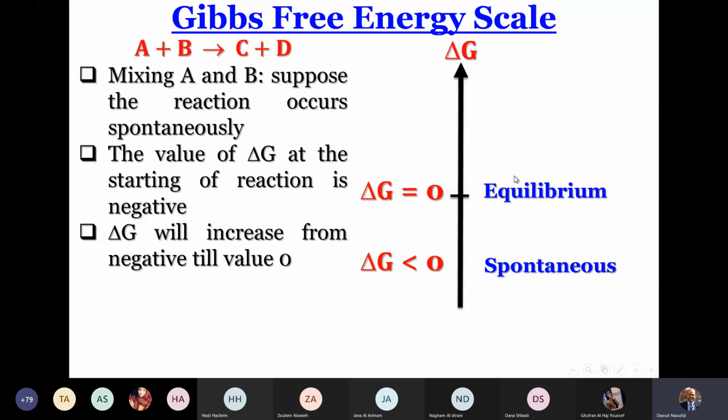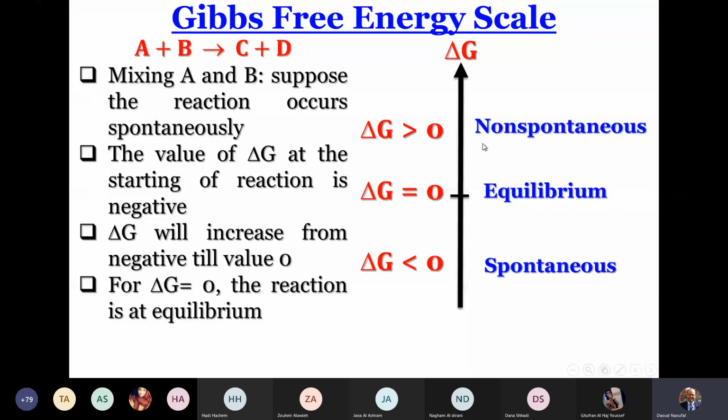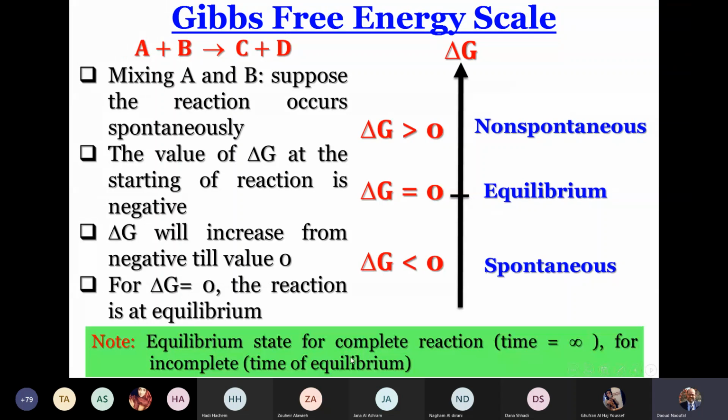When we find at the starting that delta G of the reaction is positive, that means this reaction is non-spontaneous from the beginning. Pay attention that during a chemical reaction, delta G varies from one negative value to another negative value.